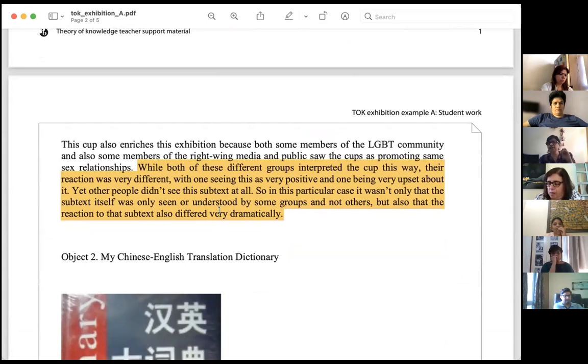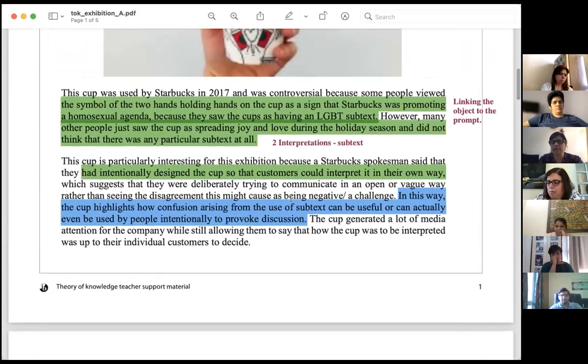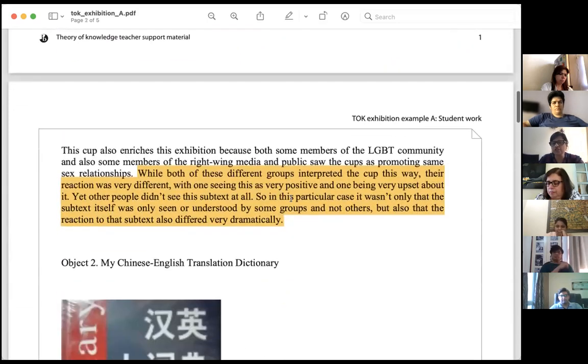So now when you move, the child has moved down to now concluding the explanation of the dissemination and communication of the knowledge by saying, while both of these different groups, so this is the link now made directly to the prompt at the end, where what the child has talked about the subtext moves into a holistic explanation of it.